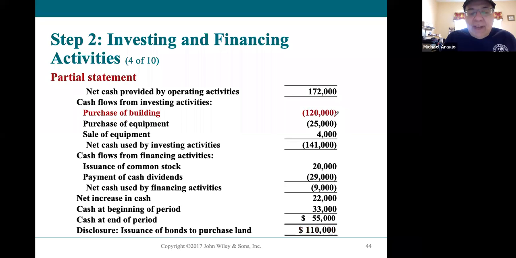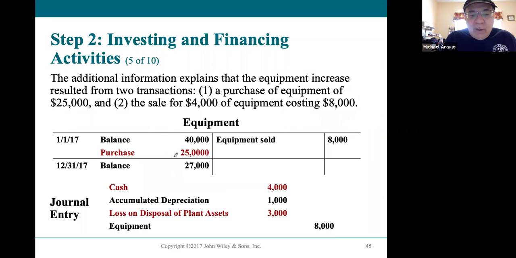Another thing that the company did was purchase equipment. Here you have a purchase of equipment with way too many zeros. Someone was excited. And that was a cash transaction, okay? They purchased equipment for cash.